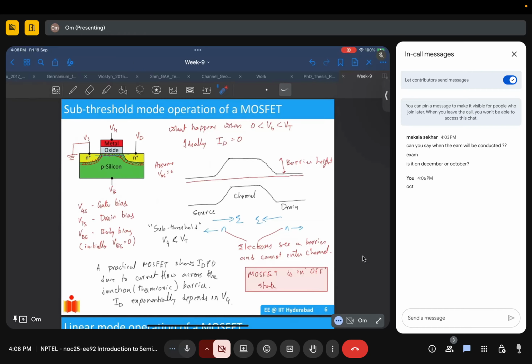The operation is pretty similar, just that you now have an additional control on these two terminals, source to drain. So once the channel or the inversion layer is formed, you can give a potential difference between these two terminals to allow the flow of electrons or holes.